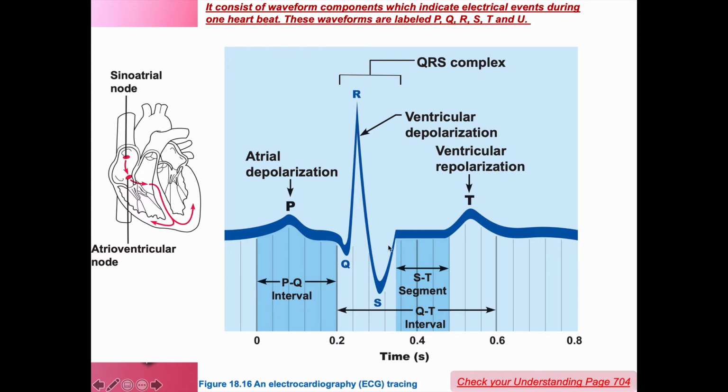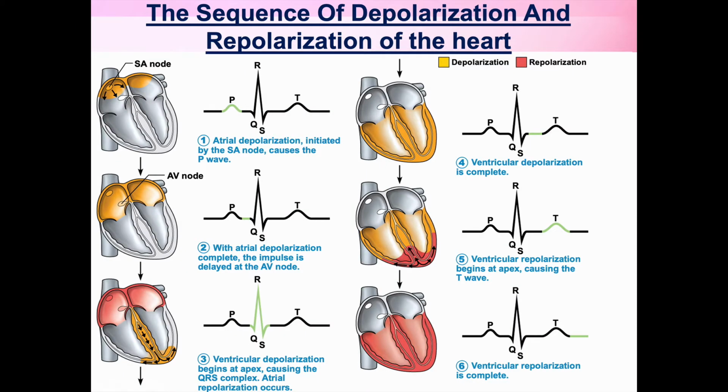This is the end of the S wave and this is the beginning of the T wave, and the distance between the S wave and T wave is called the ST segment. This is called the QRS complex that is formed during the ventricular systole. These are the wave components of ECG.